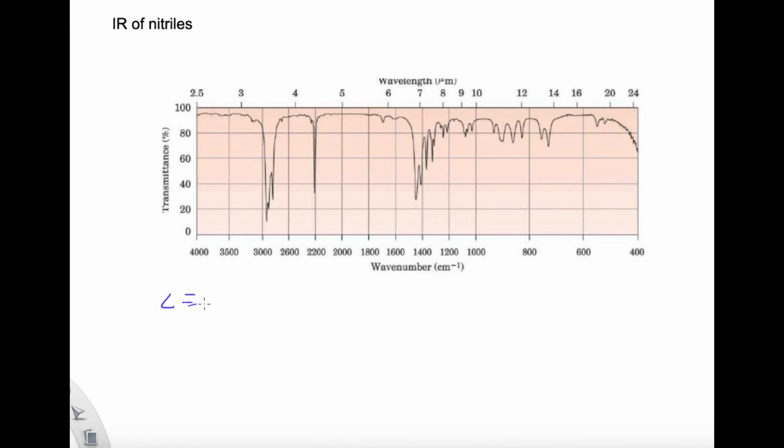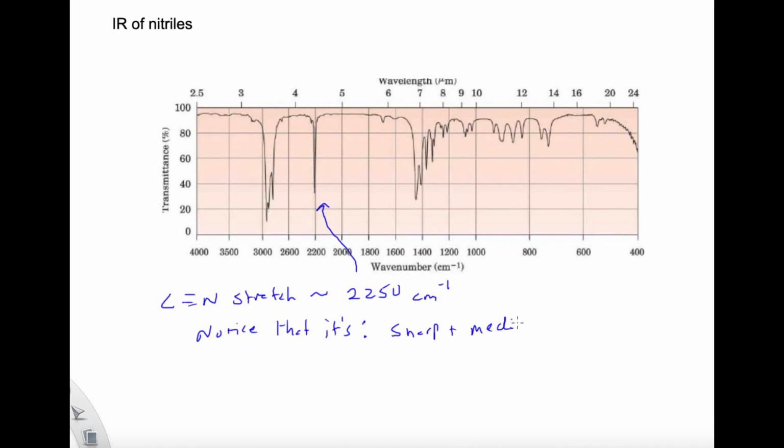And then nitriles on the IR show up typically around 2250 or so, and if you notice, you see that peak that's right up here. That's the nitrile peak, and what you should note about that is that the peak itself is pretty sharp, right? Not very broad, and it's about medium intensity.